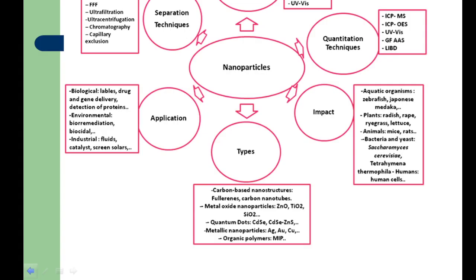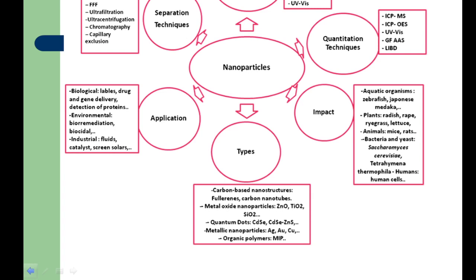Now, this nanoparticle, after synthesis, after characterization, you have something in mind: what am I going to do? Characterization, the separation techniques. These are very important. I said the other time, to avoid agglomeration, there must be what we call separation techniques.